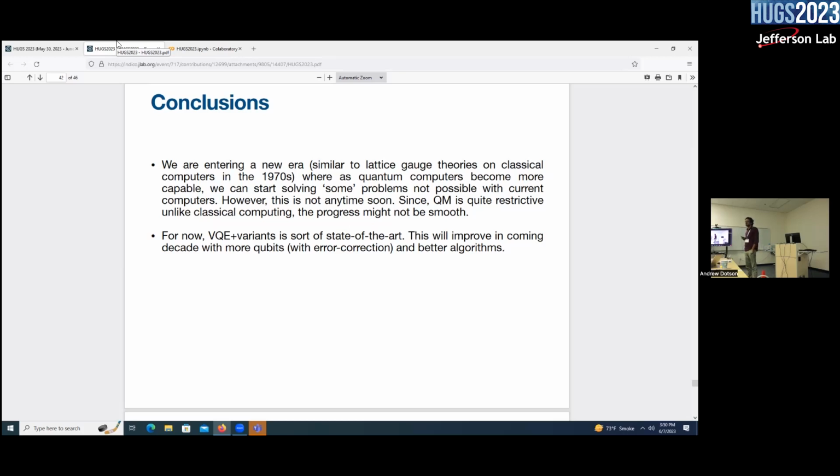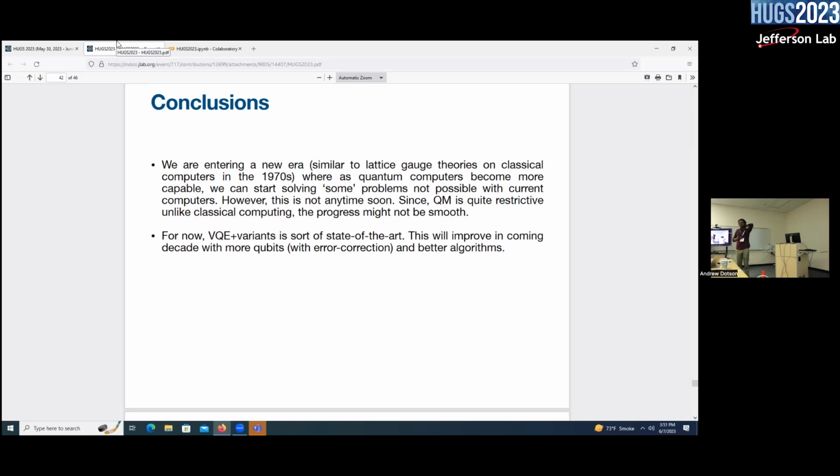Even simulating simple lower-dimensional systems might need a million logical qubits. There are a lot of estimates you can find online. People say, okay, this is the error, this is the gate frequency, this is the number of counts. It depends on a lot of things actually.